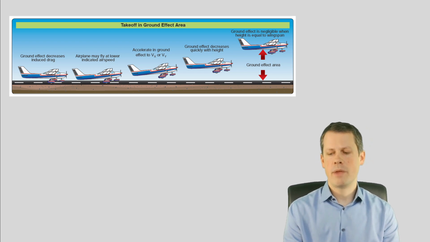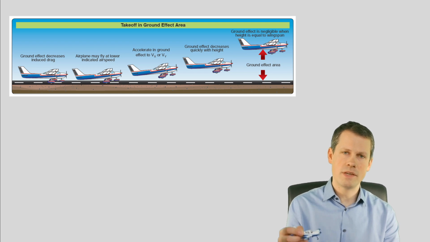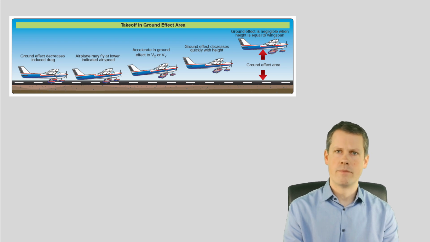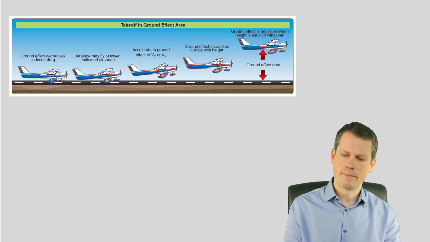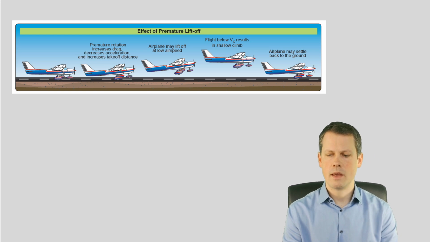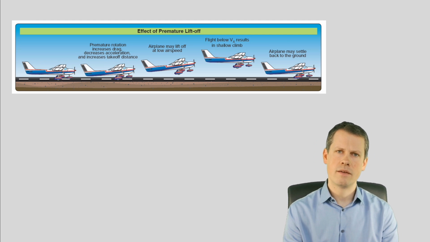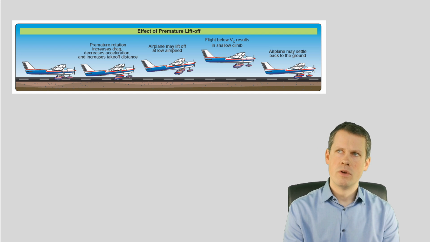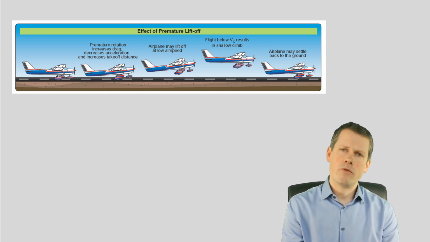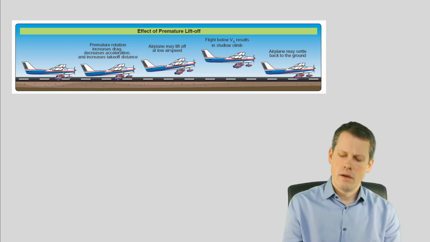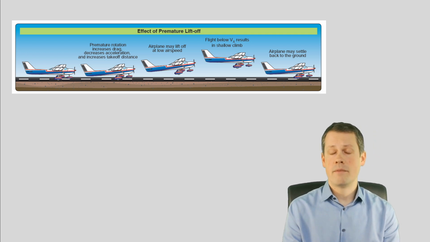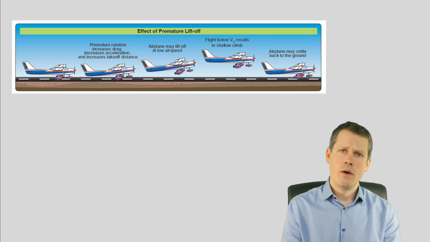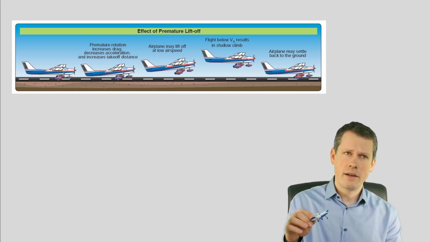That's important, because the airplane may seem to be able to fly, but that's just because it's in ground effect, and then as soon as you pull it out, it settles back onto the runway, or it simply stops climbing. This is what happens when you do a premature liftoff out of ground effect. Then the airplane may settle back to the ground. But then maybe you realize your problem and abort the takeoff. But it's even worse, I think, and many accidents have happened that way, when the pilots try to keep the airplane flying at a too slow speed.